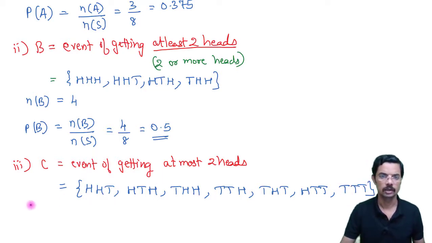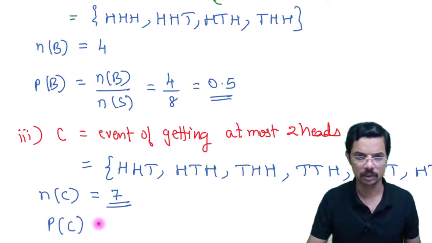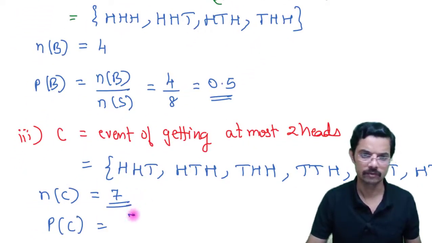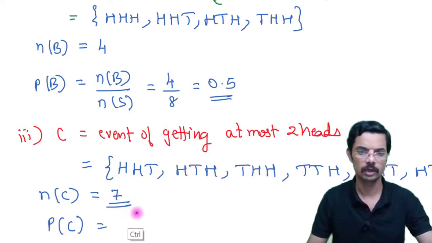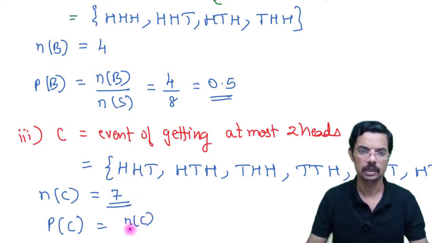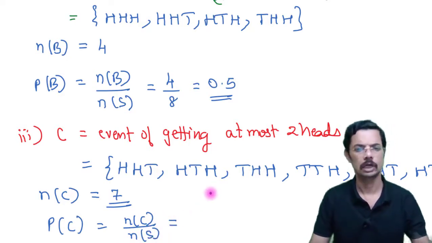So here the number of outcomes favorable to C will be 1, 2, 3, 4, 5, 6, 7. So what is the probability of C? Probability of the event C of getting at the most 2 heads will be equal to the number of elements in C divided by the number of elements in the sample space S, or the total number of events.